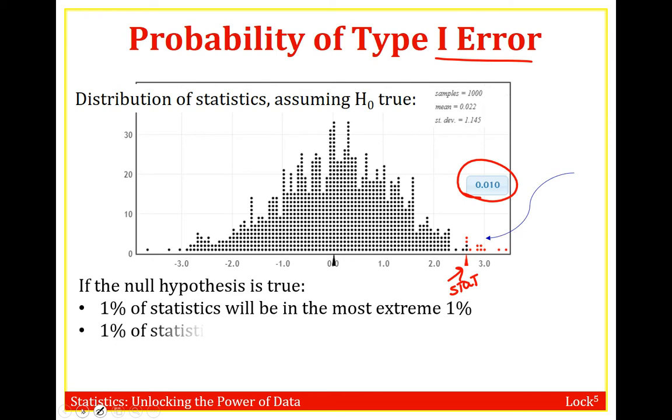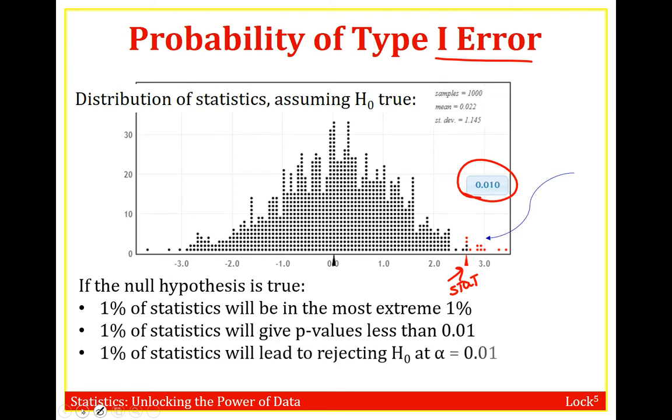Again, 1% of the stats will give p-values which I will designate as being less than the significance level. 1% of the stats will lead to me rejecting, so I have a 1% chance of a type 1 error. I'd certainly rather have a 1% chance than a 5% chance, depending on what I'm measuring, though. As we're going to see, there are times when you'll prefer to have a type 1 probability compared to a type 2 probability error.